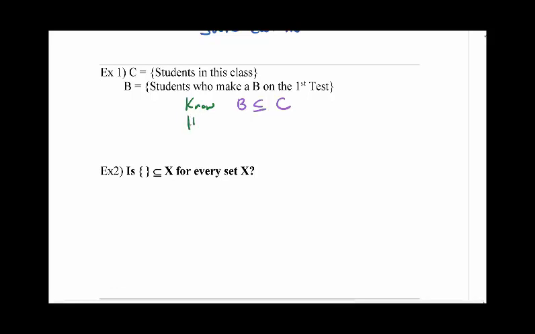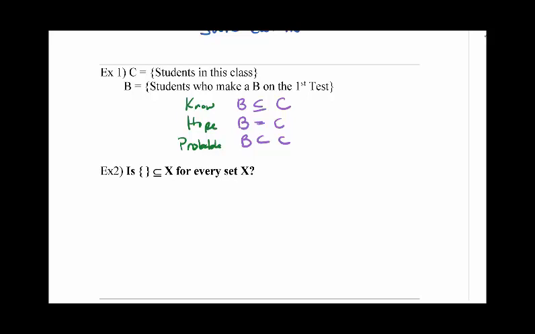I actually hope that they're equal, that every single person here makes a B or better in this class on the first test. But I know realistically, what is probably going to happen is that B is a proper subset of C. You've got to make sure you differentiate between a proper subset and a subset. Be careful. Easy to confuse on the test.